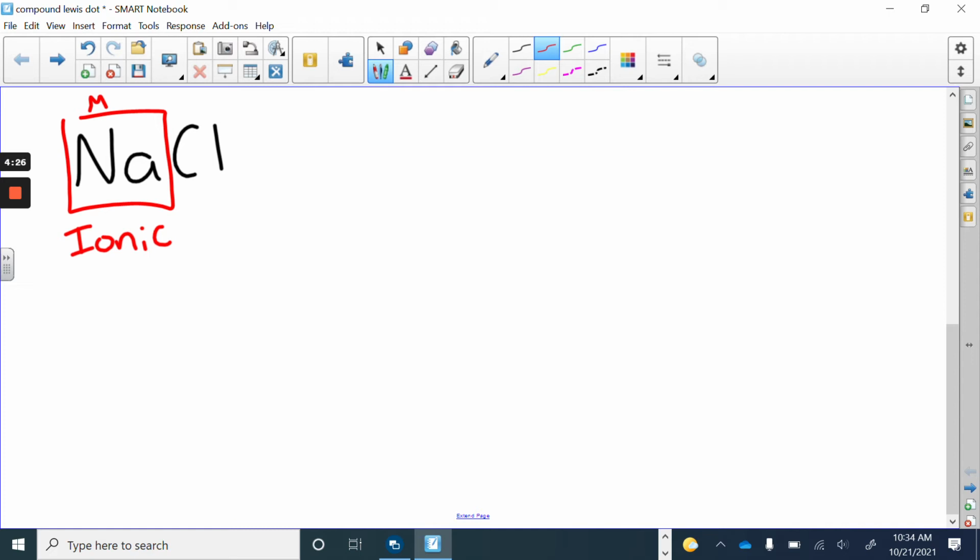So again, we're going to start by drawing out the Lewis dot structure for each one of our elements. So we'll start with sodium. We only have 1 sodium. We look on the periodic table and we see that sodium has 1 valence electron. All right, there's my 1.